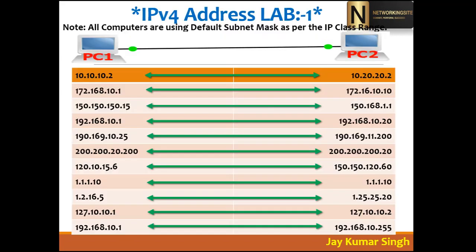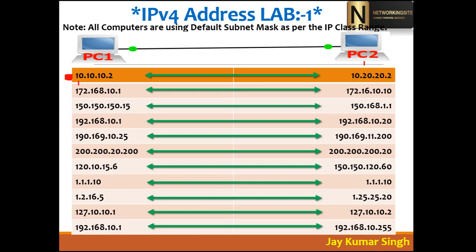Now here we have some examples to understand the IP address. In this class, I'm going to unmute everyone, and one by one you can give the answer whether PC1 will communicate with PC2 if I put these IP addresses.